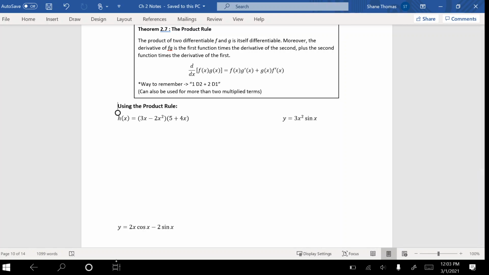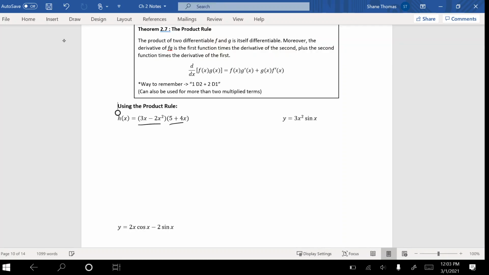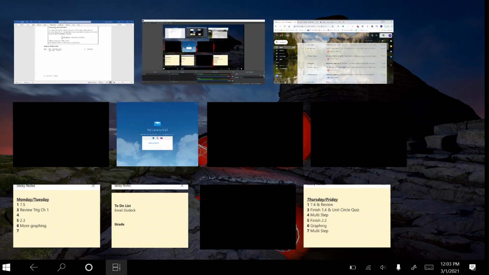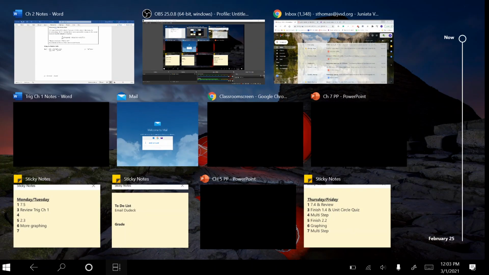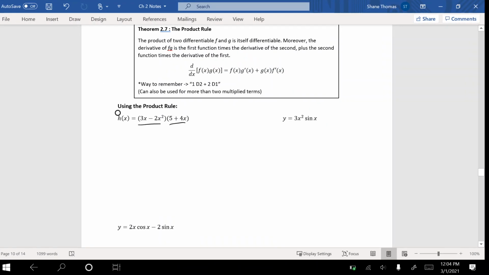So this is our first term here, and this is our second term. We had our two terms identified. The first one's the first set of parentheses, the second one's the second set of parentheses. Pretty straightforward in a scenario like this, where they're already in parentheses.